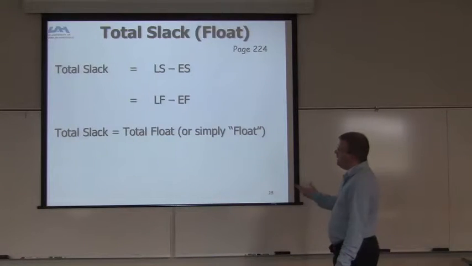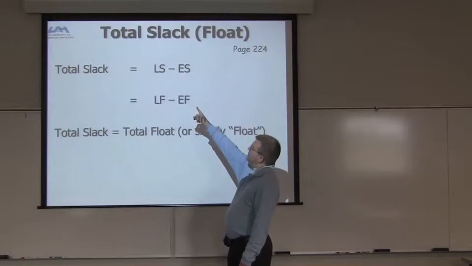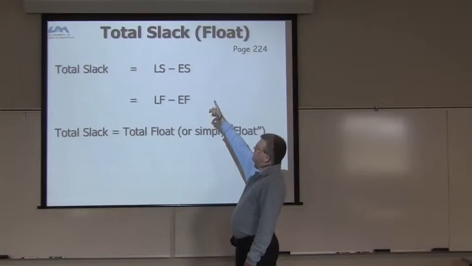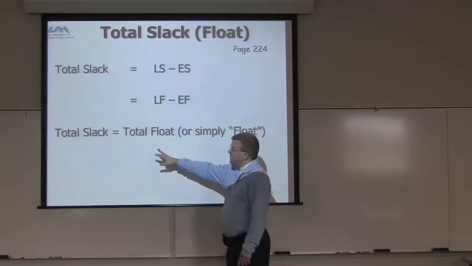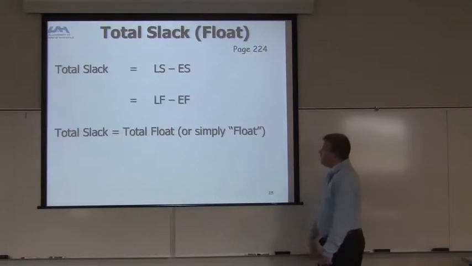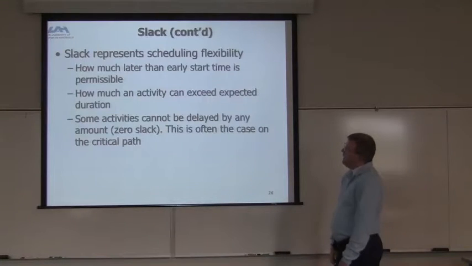So there's also slack, right? Slack can equal late start minus early start, and late finish minus early finish. Total slack is basically the total float, or simply the float, right? And that's what we're after. Slack represents scheduling flexibility.